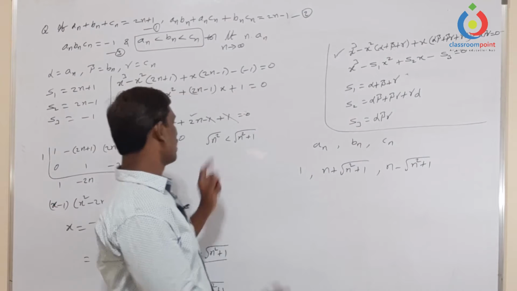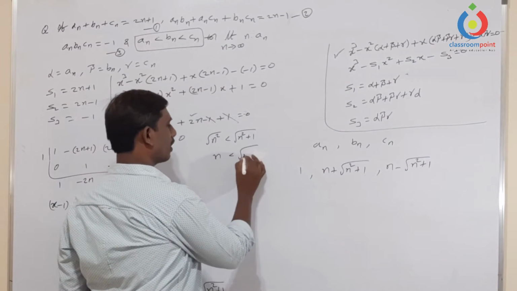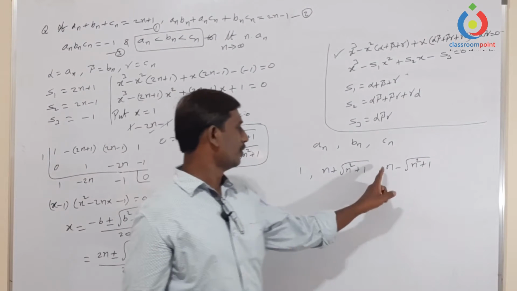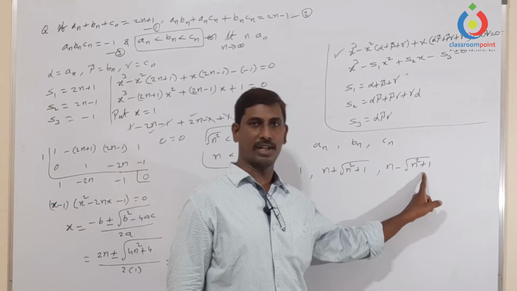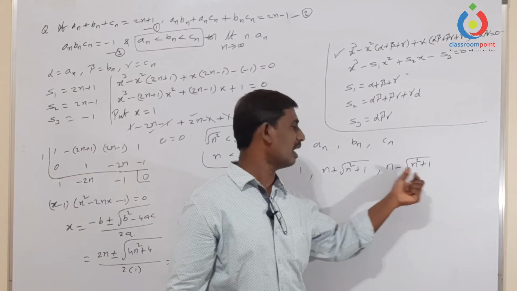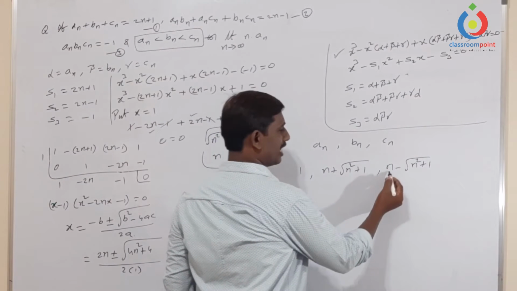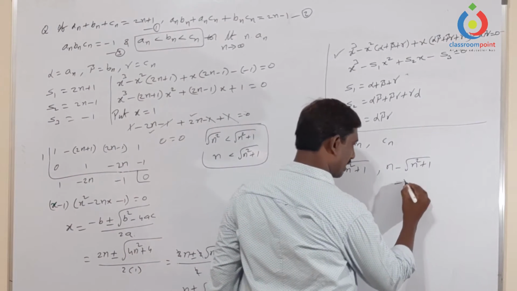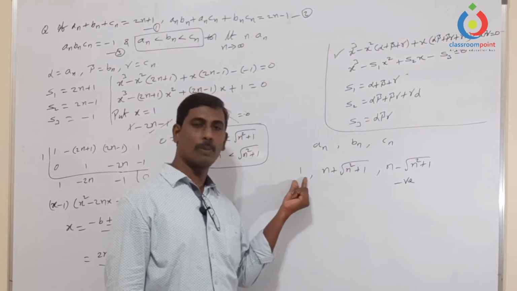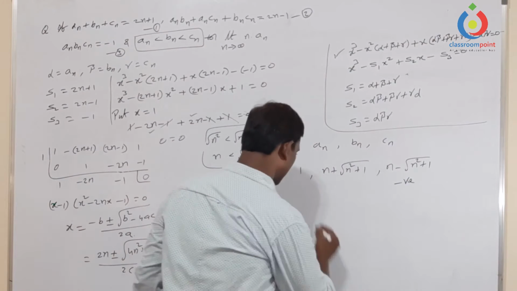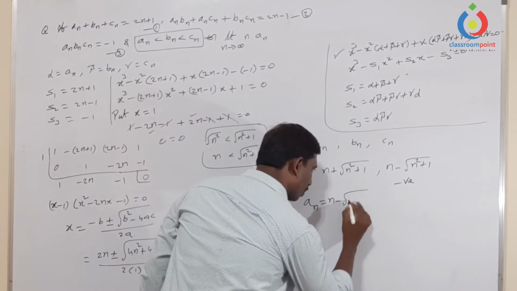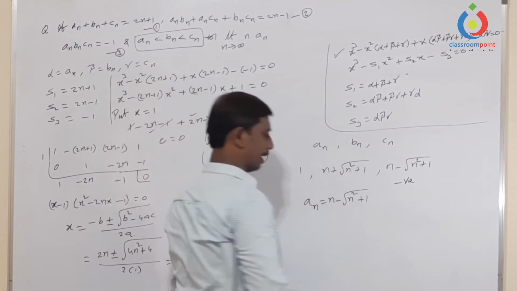That means n is less than under root n square plus 1. So this is the least value compared to this one, and this can be taken as higher than n. Least minus higher gives a negative value. This is a positive value, this is also a positive value. So the least value is a n. a n is equal to n minus under root of n square plus 1.